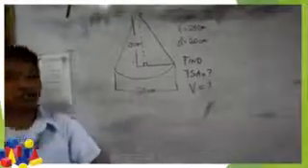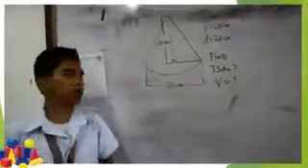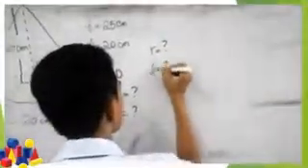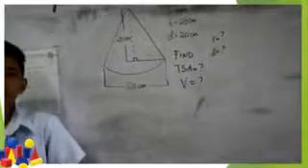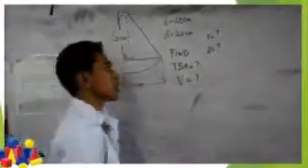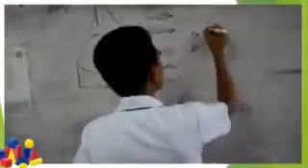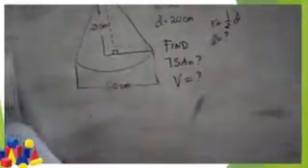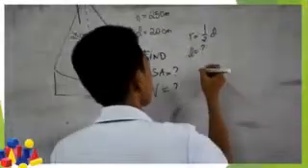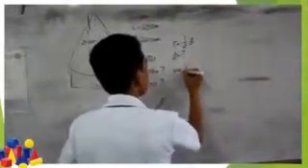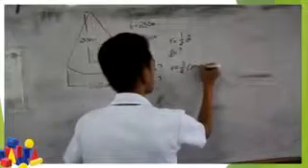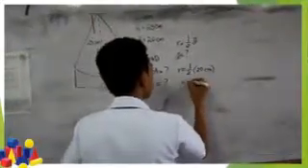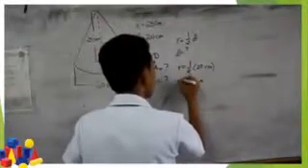Since we don't have the radius and the slant height, we need to find them first. Since the radius is half of the diameter, r is equal to 1/2 d. With the given d equal to 20 cm, substitute the value, which is 1/2 times 20 cm. So 1/2 times 20 cm is equal to 10 cm. So we have the radius.